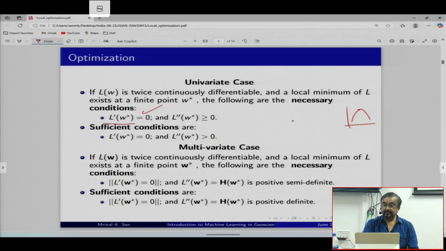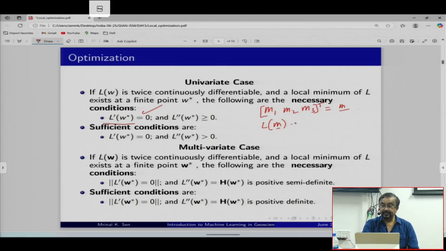Our problem is harder than that. Our problem is that we have a lot of parameters, right? So let's say that I have a model parameter vector m that has 3 parameters, and our loss function is L(m).